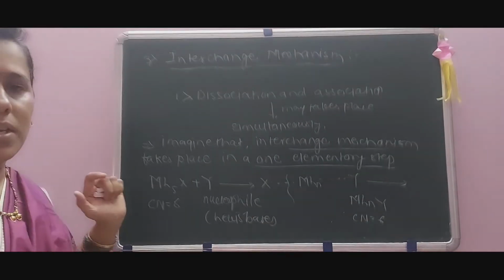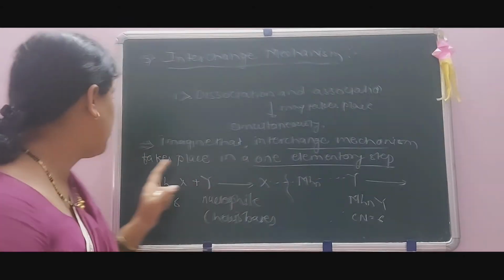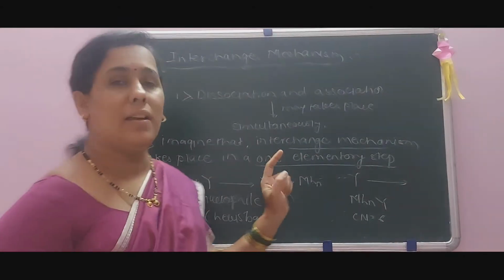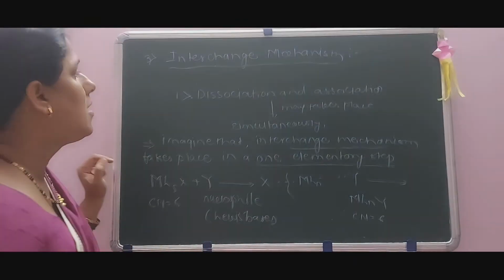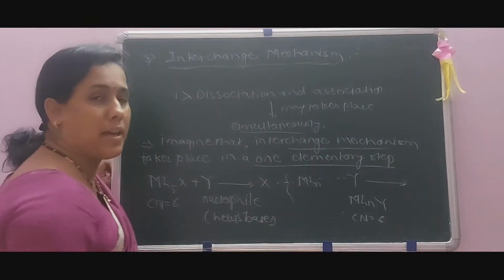Imagine that the interchange mechanism takes place in one elementary step, where dissociation and association take place simultaneously.